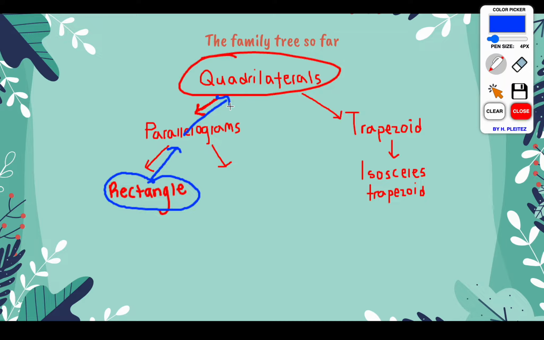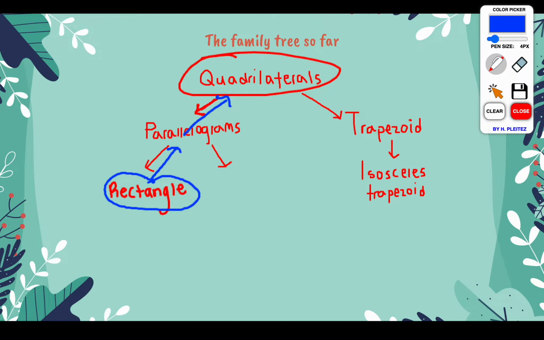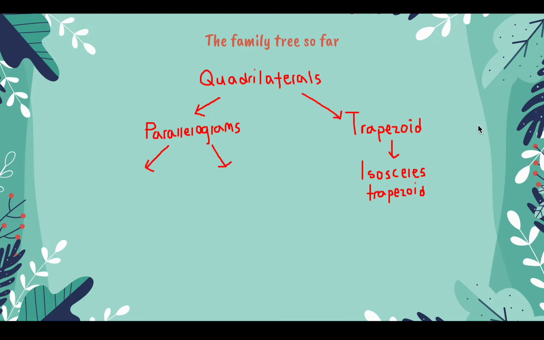So I'll usually locate my shape, and then I'll try to go up the family tree to figure out what properties our rectangle actually has, right? So as you can see, there's one other branch for parallelograms, and we're going to get into that in the next two videos.